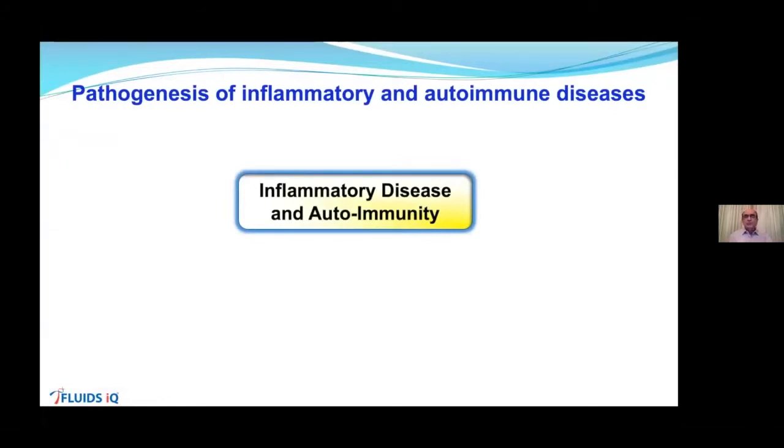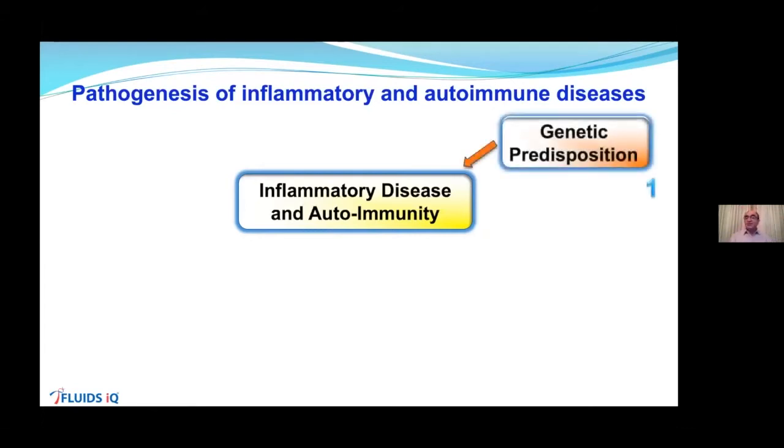In order to situate permeability in the larger scheme, we need to look at a slide which I use quite often, and it's the pathogenesis of both inflammatory problems and autoimmune disease, which of course is an outgrowth of chronic inflammatory situations.